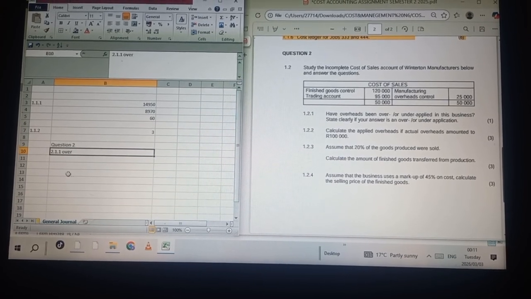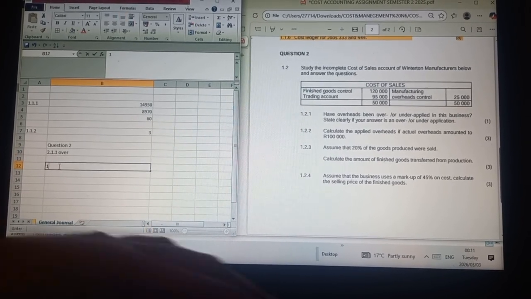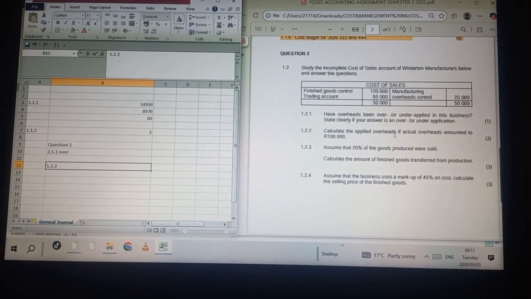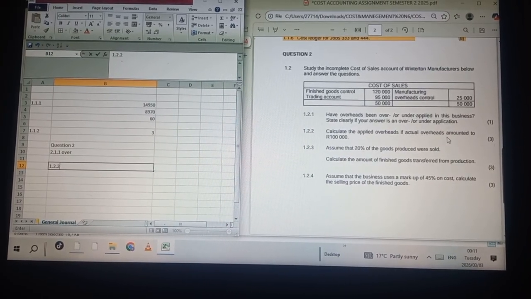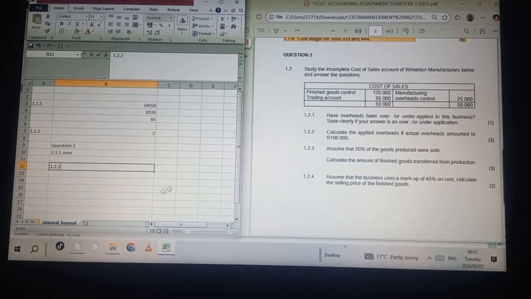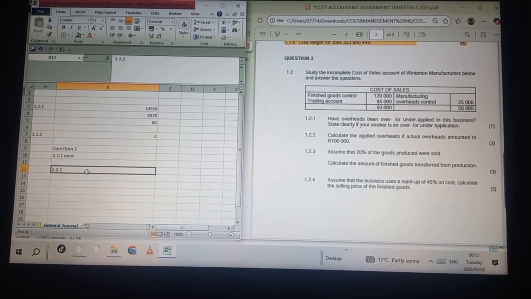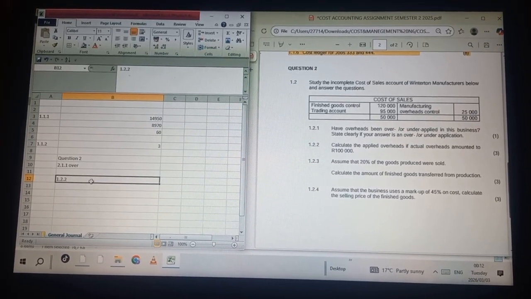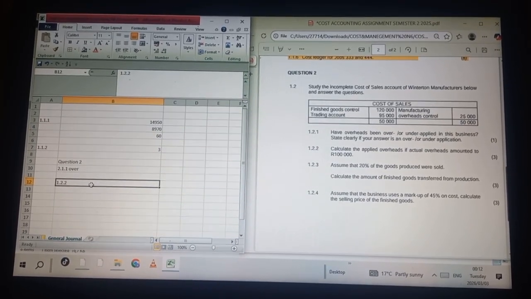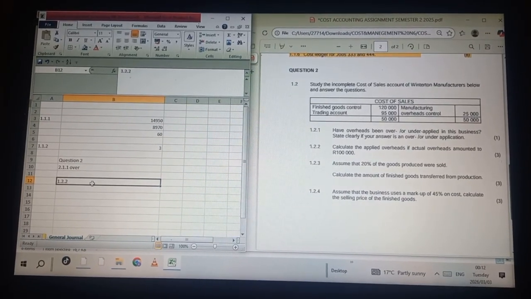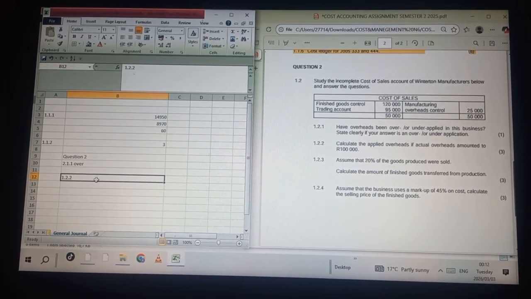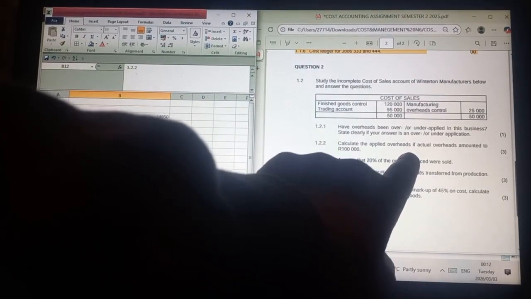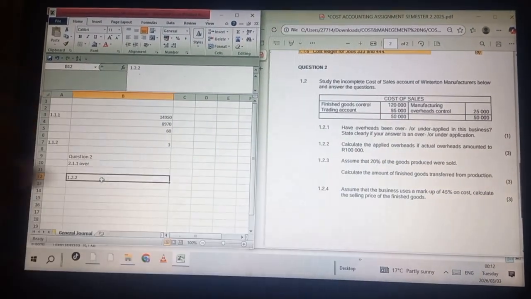Over applied, that's enough. 1.2.2 calculate the applied overheads if actual overheads amounted to 10,000. Remember, as I told you earlier, in your manufacturing overheads you always record your actual overheads on the debit side, and your applied overheads, the ones that you calculated, on the credit side.